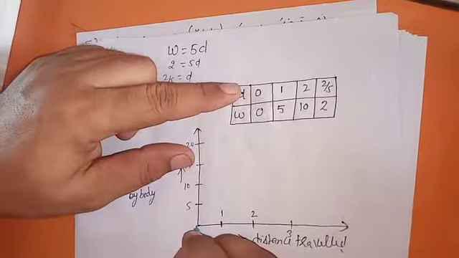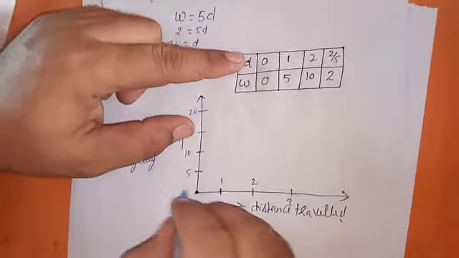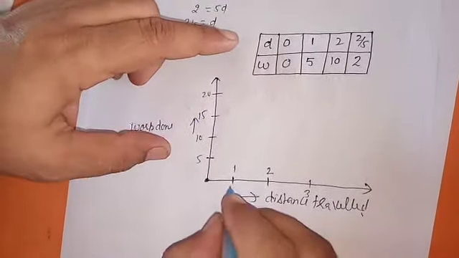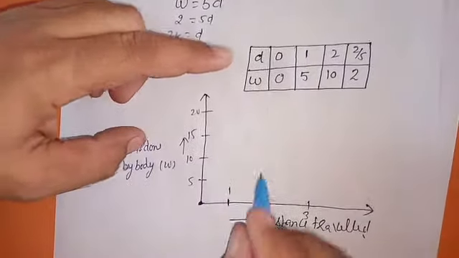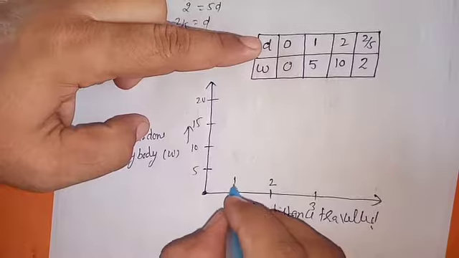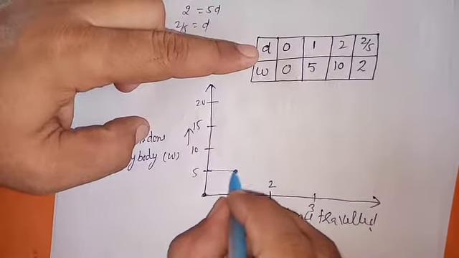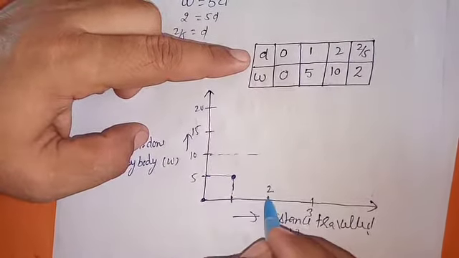This is one point, 0. D and W both are 0. Here, if D is 1, this is D and this is W. D is 1 and what is this? 5. Coming like this. D is 2, so what is this?